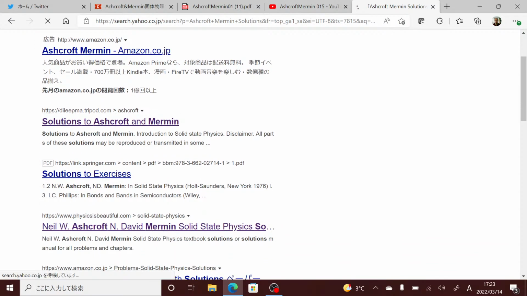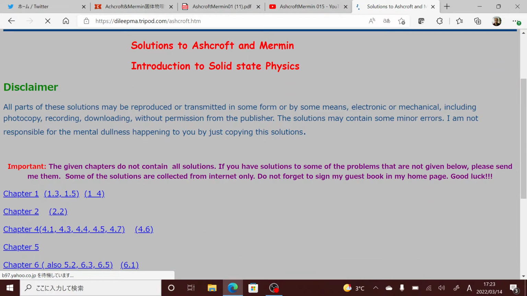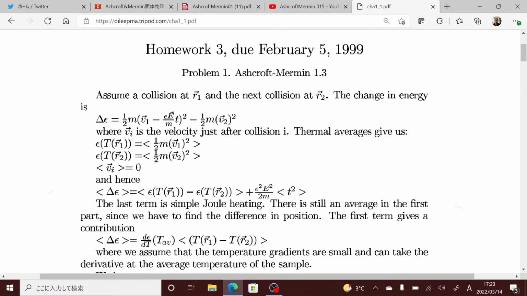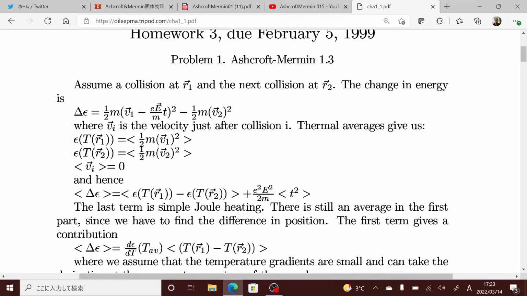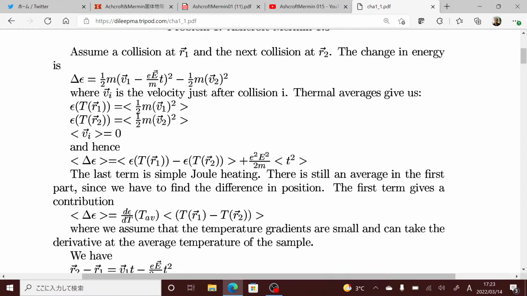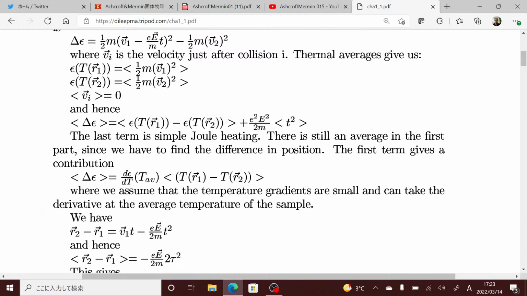Let's see this one. Assume a collision at R1, a next collision at R2. The change in energy is this. The last term is simple Joule heating.